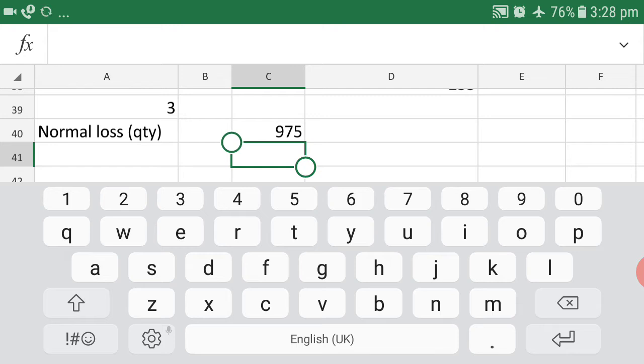Here the opening raw material is 19,500 units, that is the closing stock of process 1, which will be the opening stock of process 2.